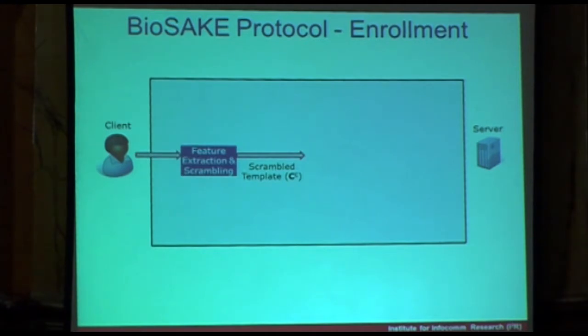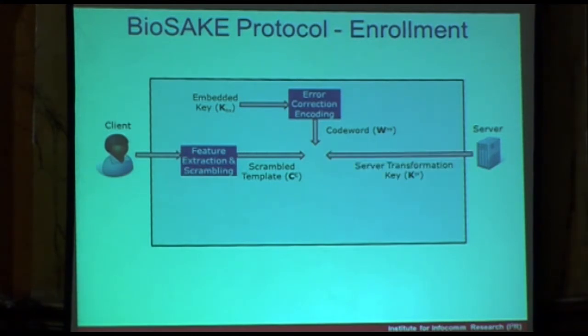It starts off with obtaining a biometric sample and then feature extraction, and then dividing it into different components, just like the approach by Carnade et al., and then shuffling it based on the scrambled template. And then you have the key, which is applied to the error correction encoder to generate the code word. And then there is this server transformation key, which is generated in a pseudo-random fashion.